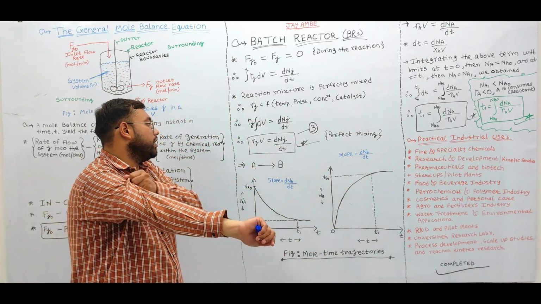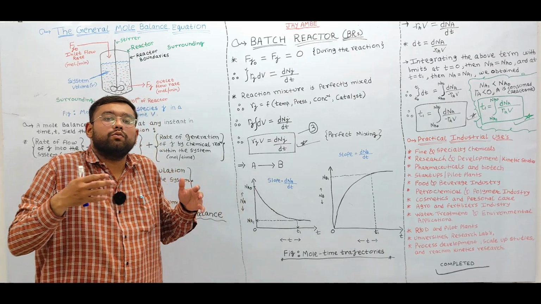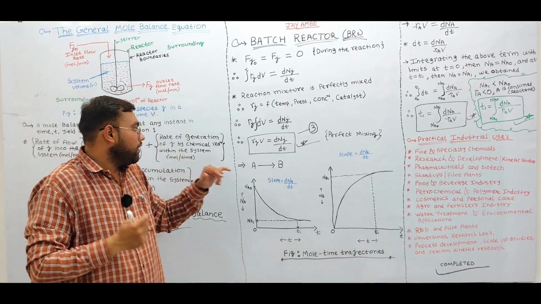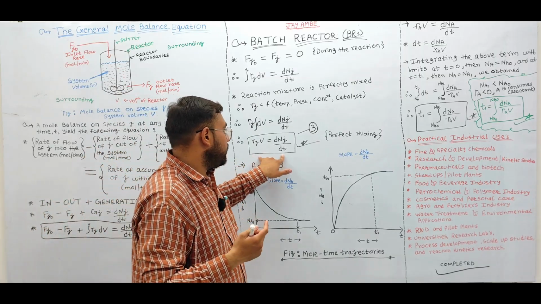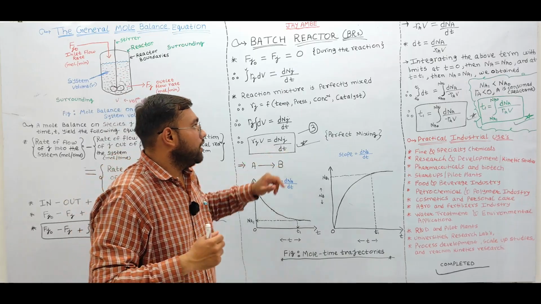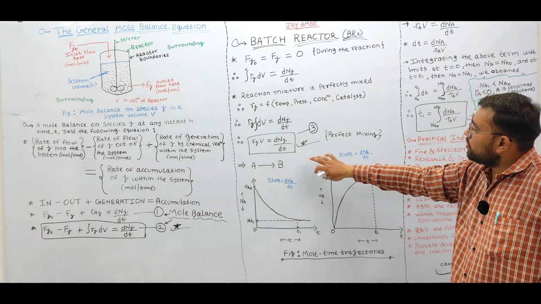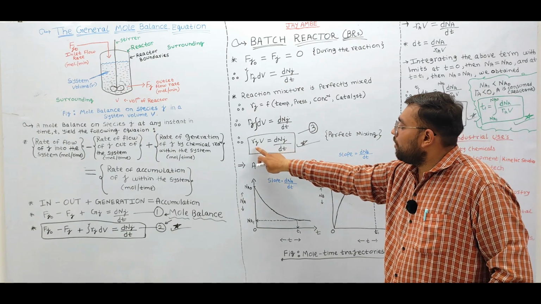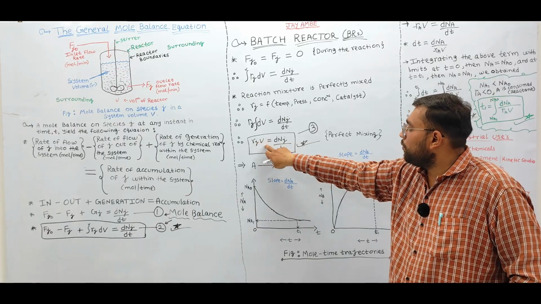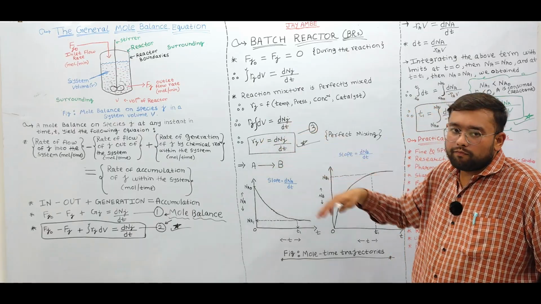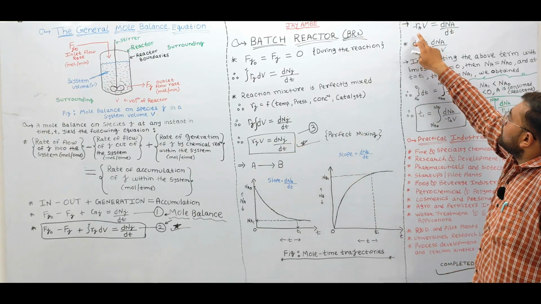Now in order to derive the design equation, we are using the reactants A. So this differential form of the mole balance can be written in terms of reactants. So let's derive. Rj represents the rate of reaction of any species j with respect to the reaction volume, which is equal to the change in number of moles of j with respect to time.